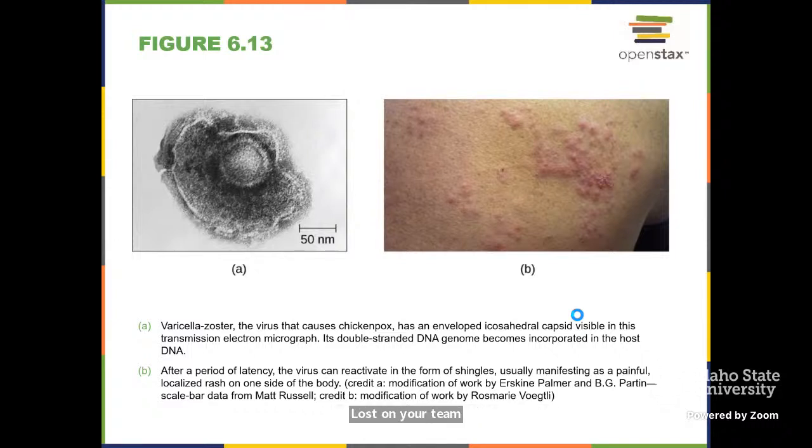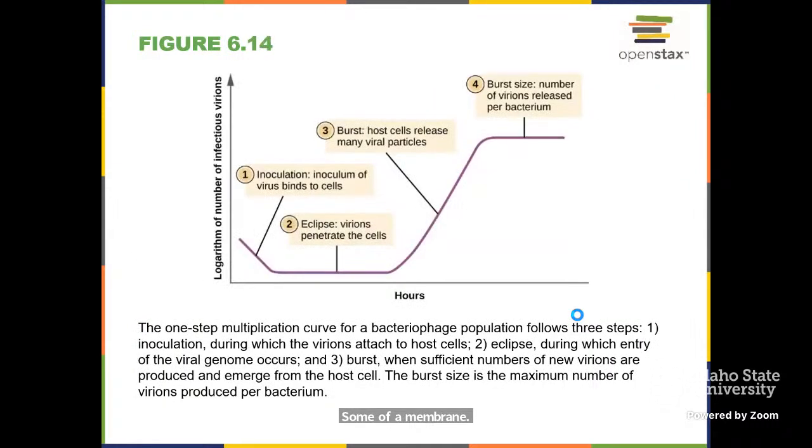This image is an electron micrograph showing the chickenpox virus, the varicella zoster virus, and its envelope, so you can see some of the membranes that surround the copy of this virus.